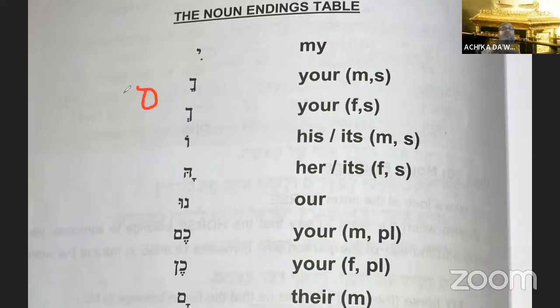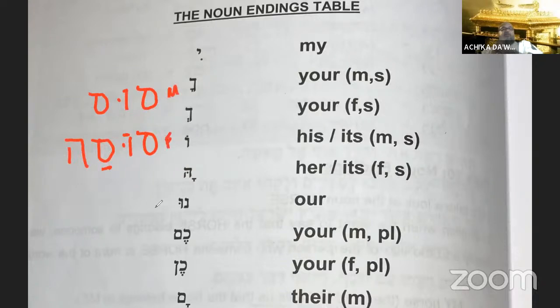Okay. So Sus is masculine. Susa without the dot in it is a female horse. Okay, so masculine, feminine. Now, if I told you that this is her horse, that horse could be either this one or this one.